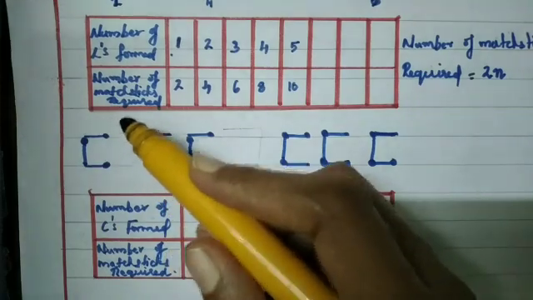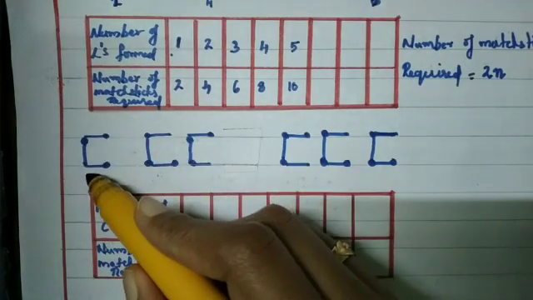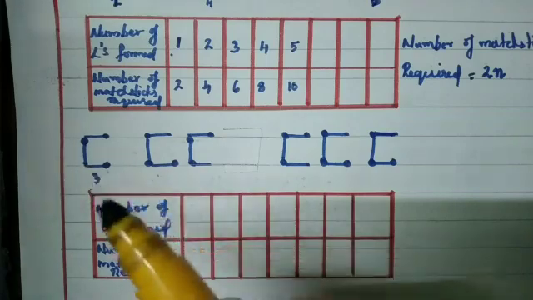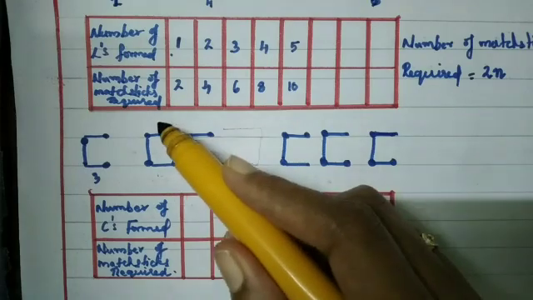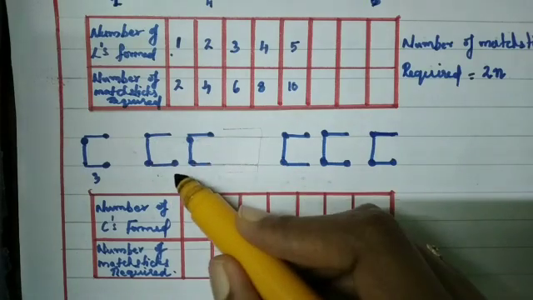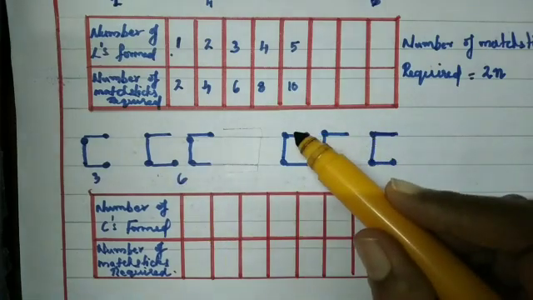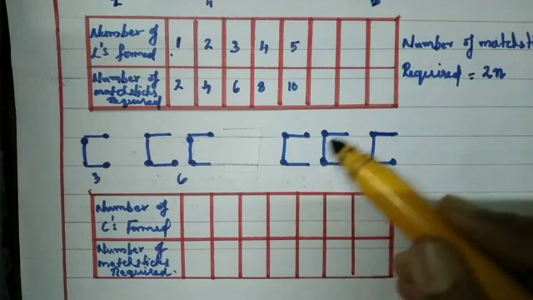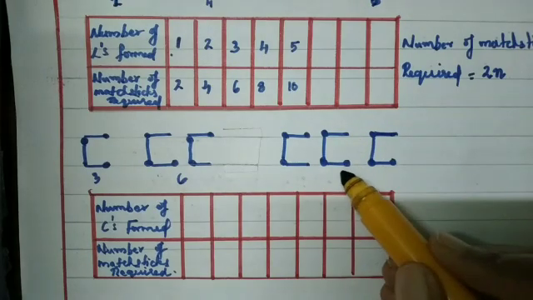Here, how many matchsticks? 1, 2, 3 matchsticks. For 1 C, 3 matchsticks. Then for 2 C's how many matchsticks? 1, 2, 3, 4, 5, 6 matchsticks. For 3 C's how many matchsticks? 1, 2, 3, 4, 5, 6, 7, 8, 9 matchsticks.